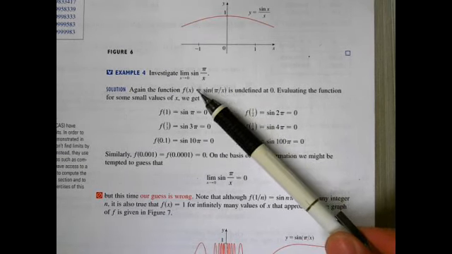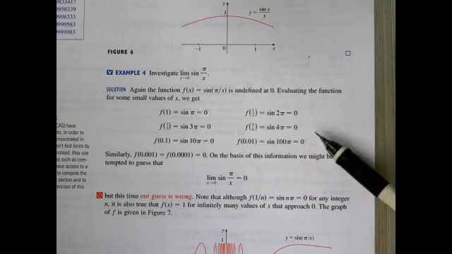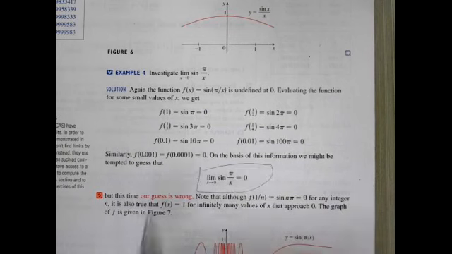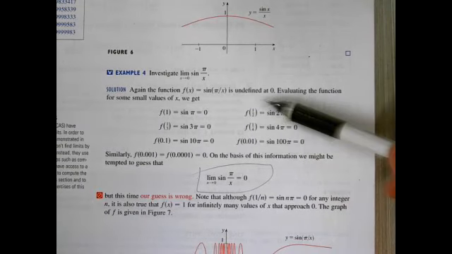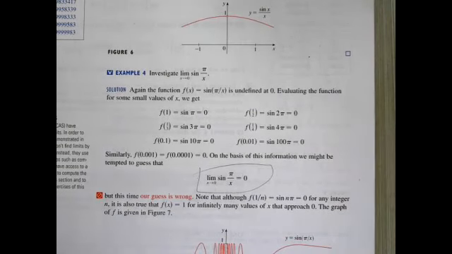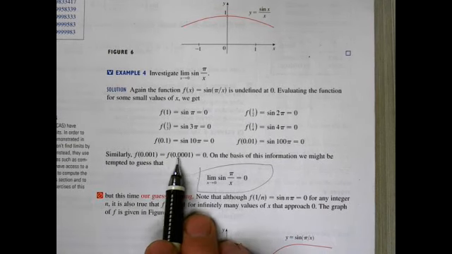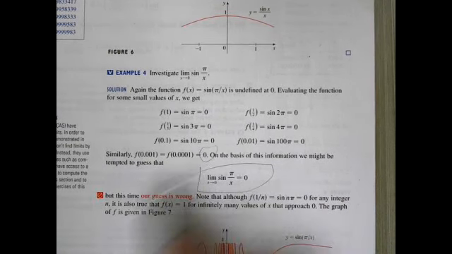If you were to go on to graph it, if you were to plug some numbers in, what you might be tempted to guess is that that limit turns out to be 0. As you plug numbers in here, the calculator is going to lead you to believe, like if you plug in 0.001, 0.00001, it keeps giving you 0. So you might be led to believe that that limit does equal 0.